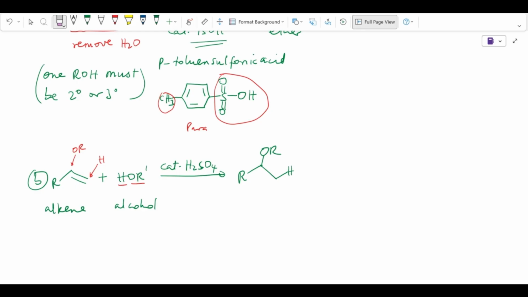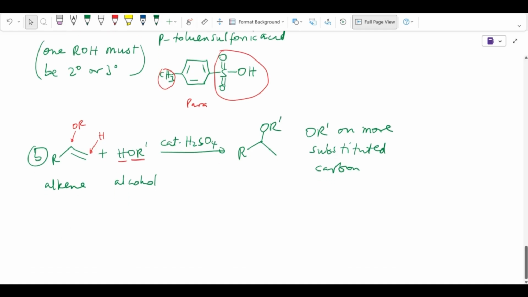Since we don't usually show the hydrogen on carbons, we can erase this. So this is going to be your product. Notice here that the OR' group is attached to the more substituted carbon of the alkene.